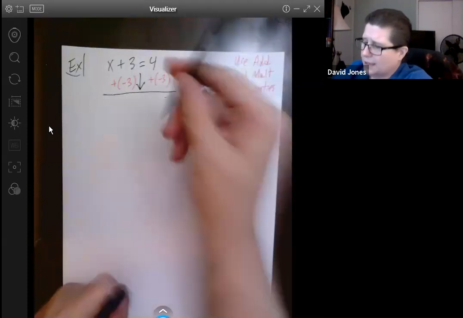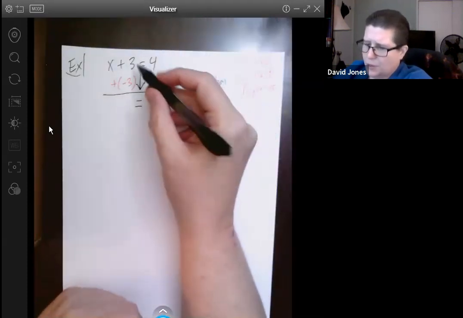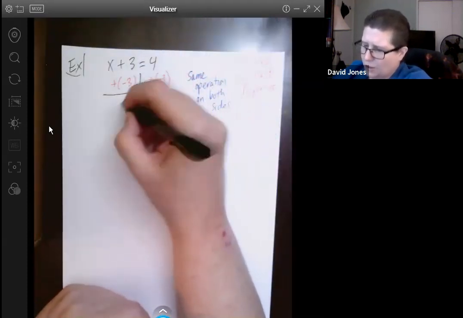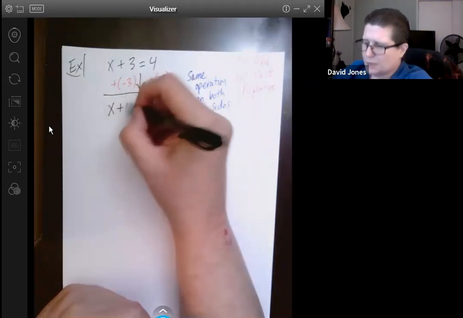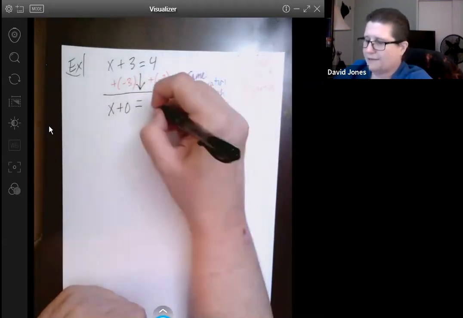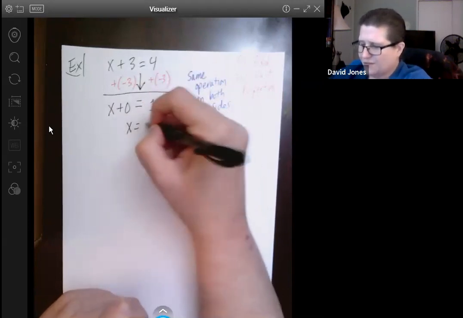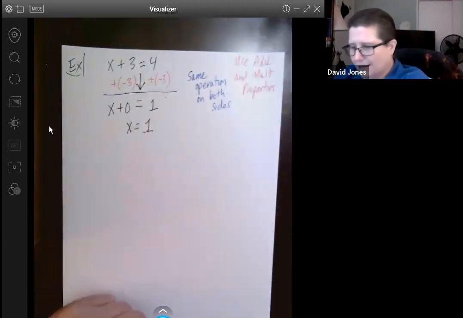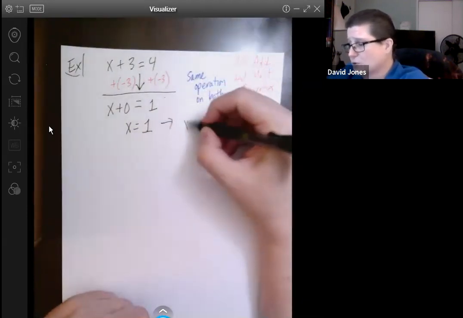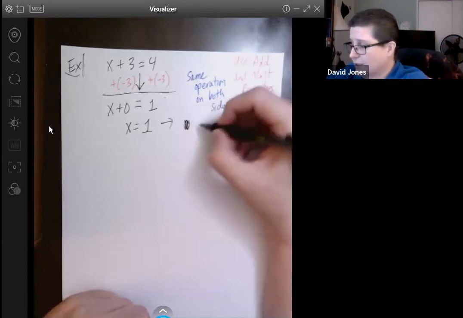Your equal sign comes down, and 3 plus -3 is 0, and we're just left with x plus 0 equals 4 plus -3, which is 1. And when you're adding 0 to anything, it doesn't change its value, so x equals 1. And that was our solution set. x equals 1 is the solution.